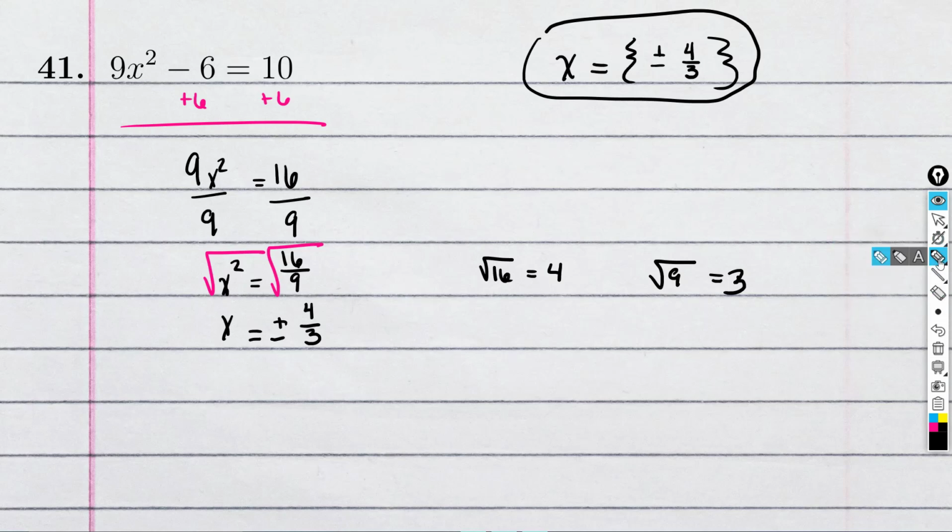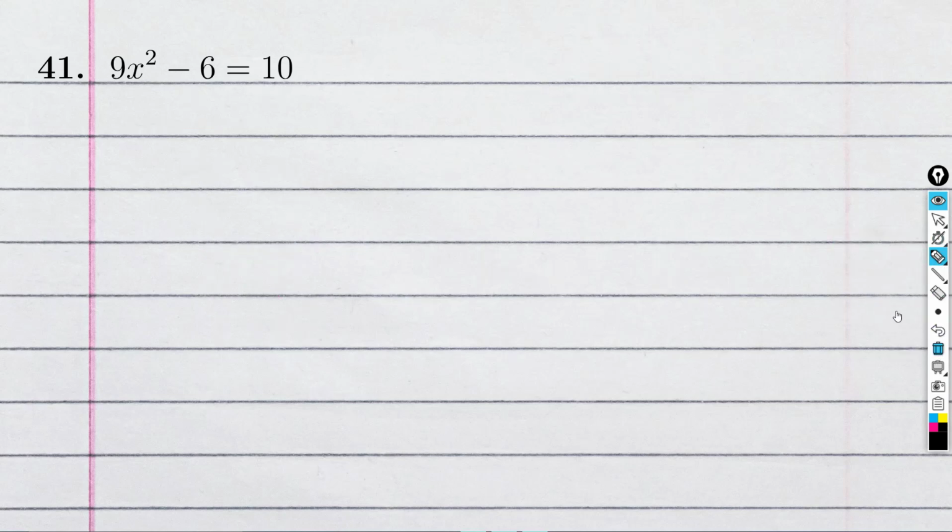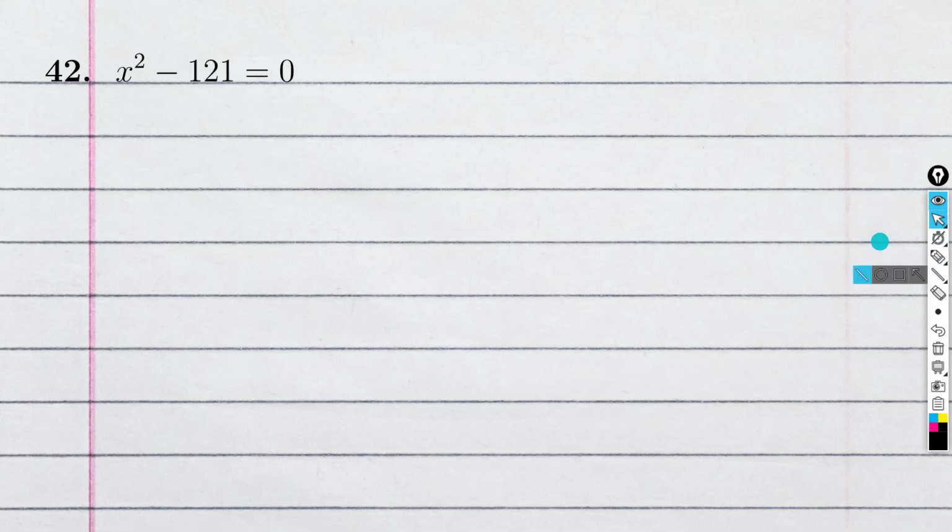Now let's look at number 42. As we get further into these, you're seeing that they're getting a little bit more involved. This one actually, we had to get the 121 moved to the right-hand side. So we add 121 to both sides, and we have x squared is equal to 121.